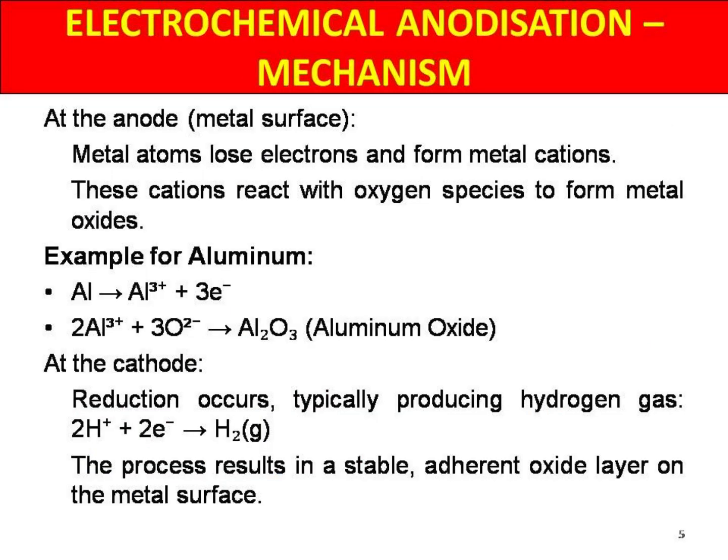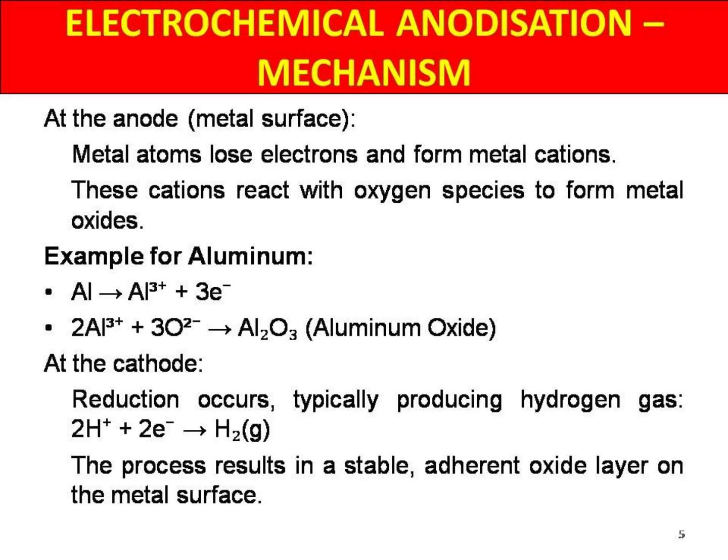So the electrochemical anodization mechanism: at the anode, the metal atom loses its electron and forms the metal cation. These cations react with the oxygen species to form metal oxides. The best example is aluminum.